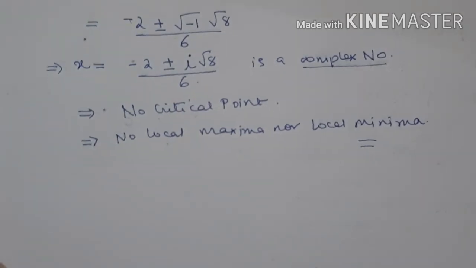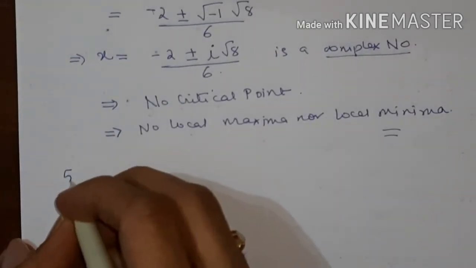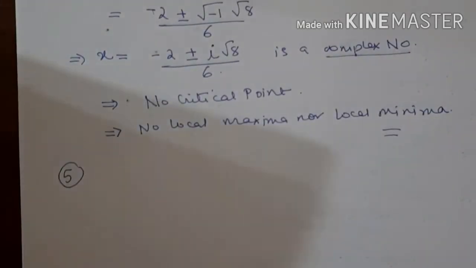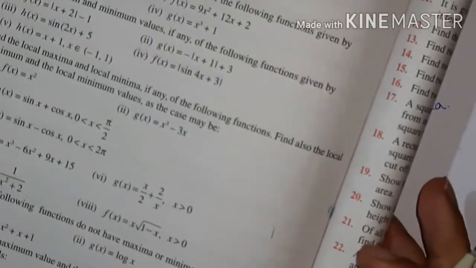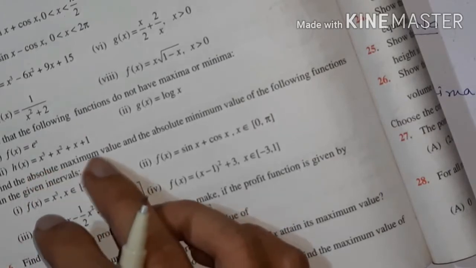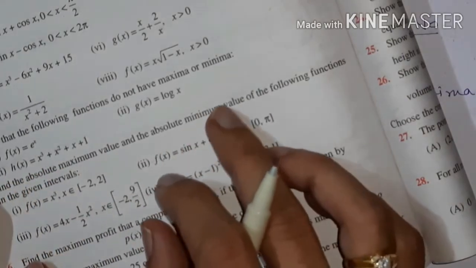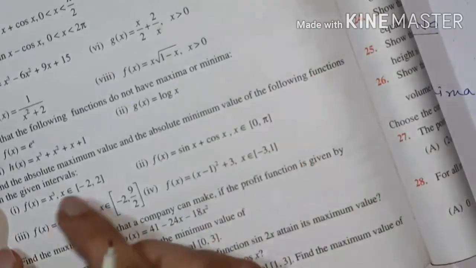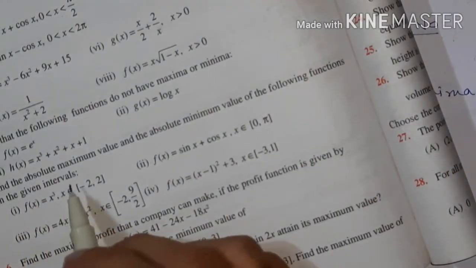Now let us go to the fifth. Fifth is: find the absolute maximum value and the absolute minimum value of the following functions in the given intervals.